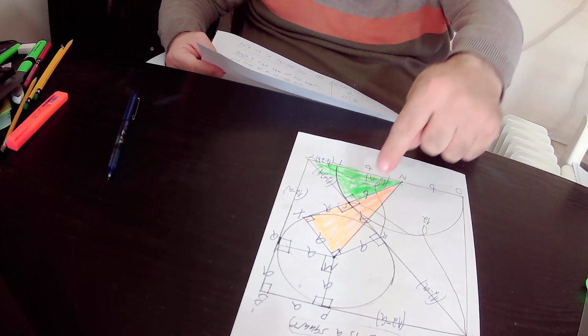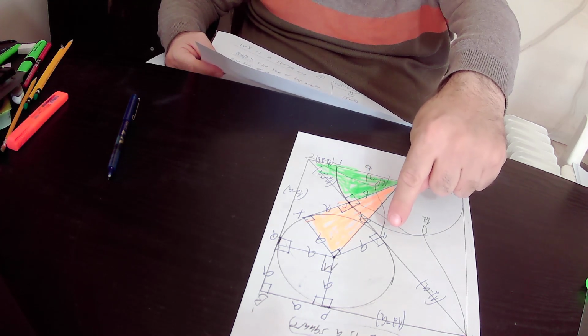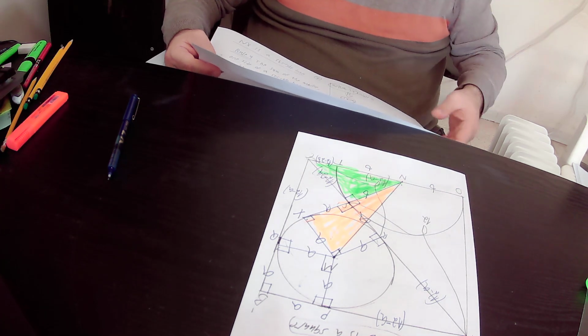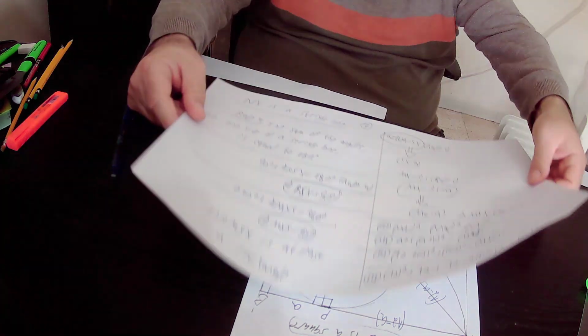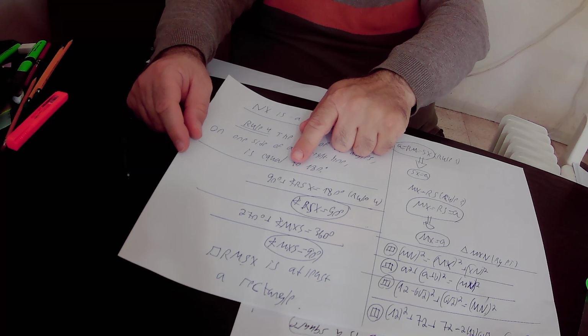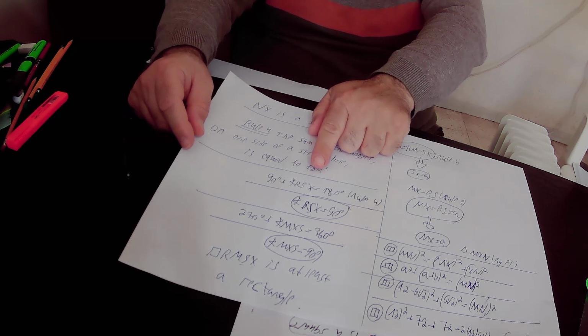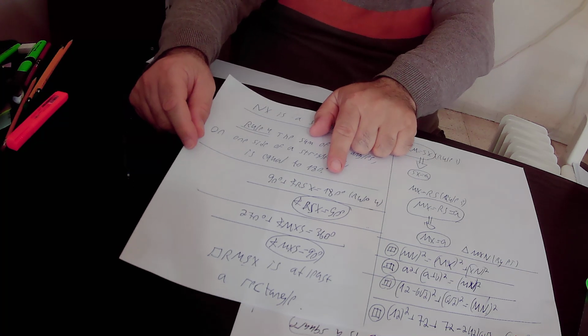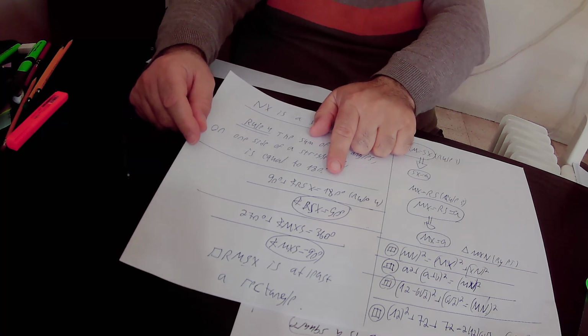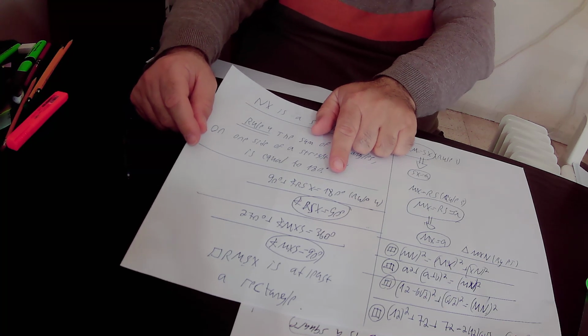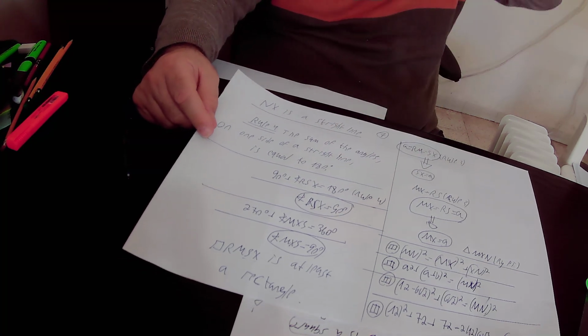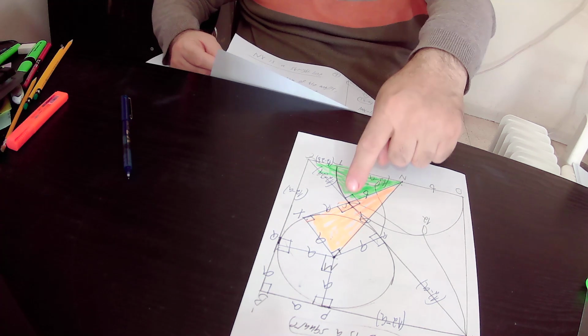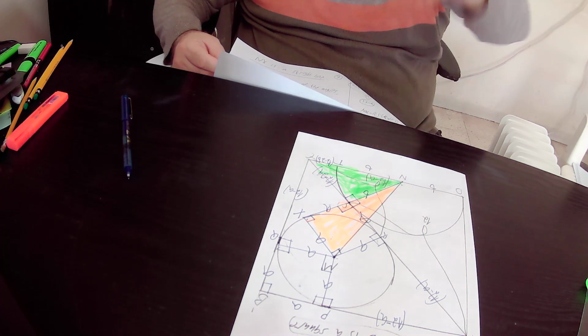We have here 90 degrees plus the size of angle RSX. In total they must be equal to 180 degrees according to rule number 4. We subtracted 90 degrees from this equation, and we got that the value of angle RSX equals 180 degrees minus 90 degrees, which is 90 degrees. So we found out that this angle is a right angle.